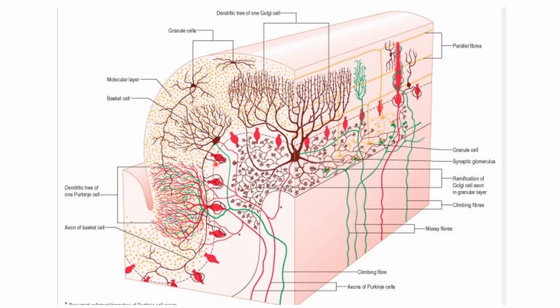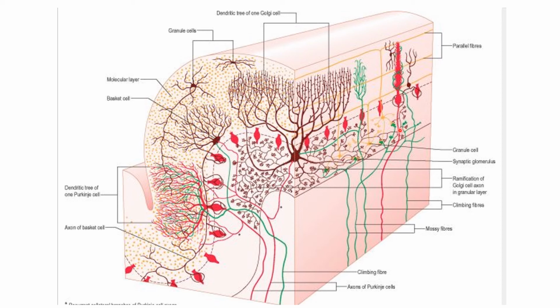So molecular layer, Purkinje cell layer, and the granular layer. In the granular layer, just deep to the Purkinje cell layer, we have the Golgi type 2 neurons, and there are fibers ascending up and fibers descending down.